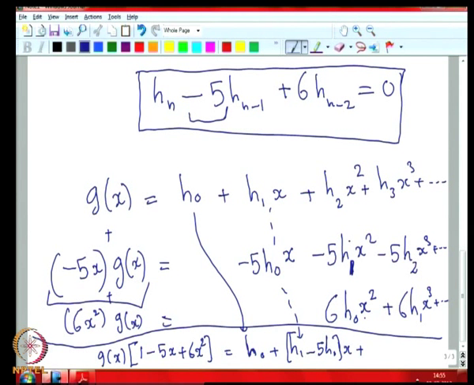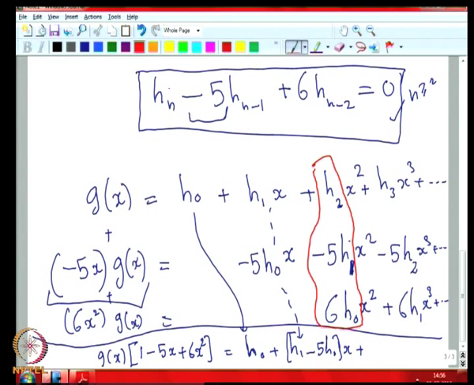But you know from n equal to 2 onwards, for n greater than or equal to 2, this relation is valid, this equation is valid. So put n equal to 2, what does it say? h2 minus 5 h1 plus 6 h0 equal to 0. So that is exactly this one, h2 minus 5 h1 plus 6 h0, right, into x square, but that is actually 0.